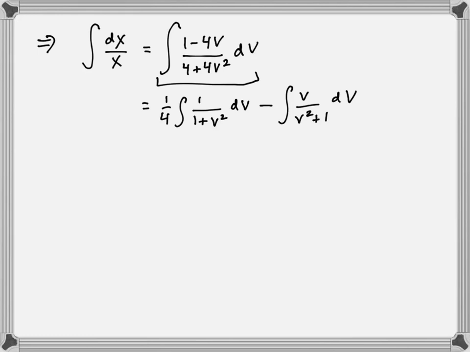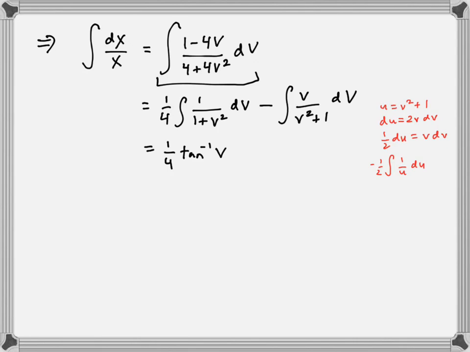What's the integration of the left term? This is arctan of v. What about the right one? Well, if we do a u sub, u is equal to v squared plus 1. So du is equal to 2v dv, or 1/2 du is equal to v dv. So what do we end up with? It becomes the integral of, we're going to pull the 1/2 out, so it's minus 1/2, and then we just end up with 1 over u du.